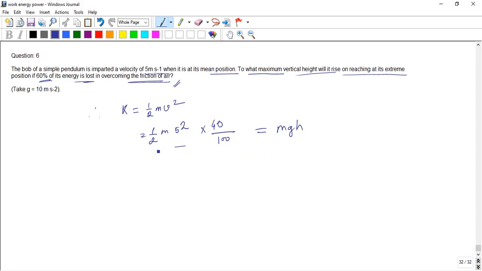That's a basic question. That's the kinetic energy. 40% of the kinetic energy is converted into potential energy, and 60% is lost. Cancel this m. 25 by 2 over 100, and g means 10. Now calculate h.